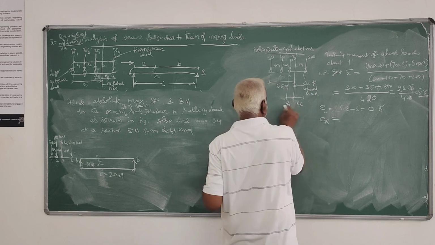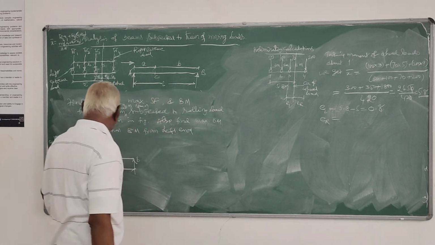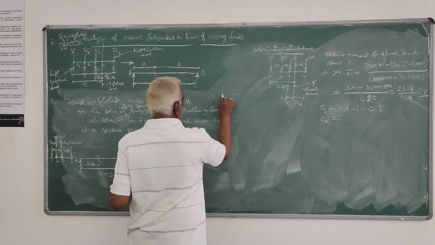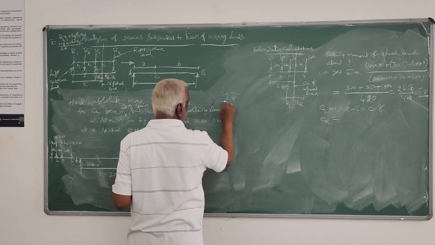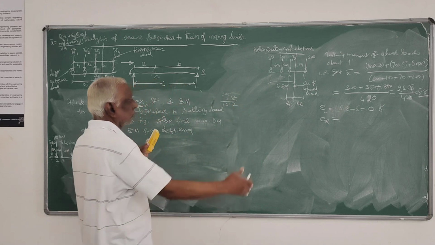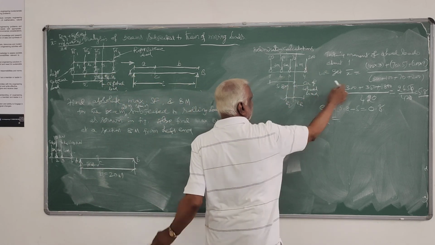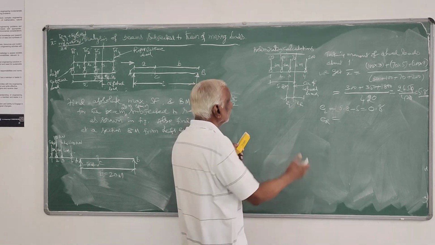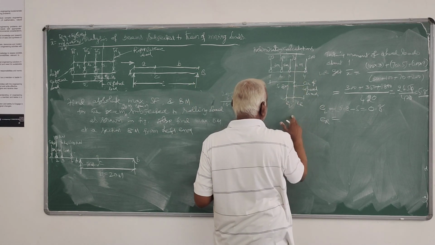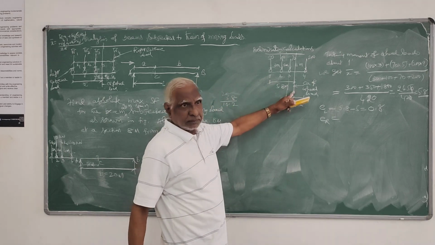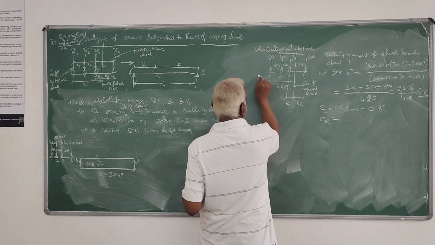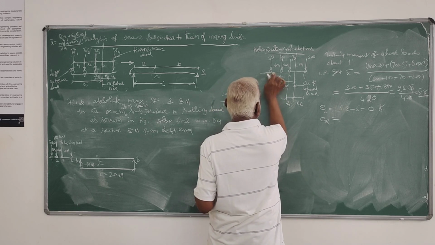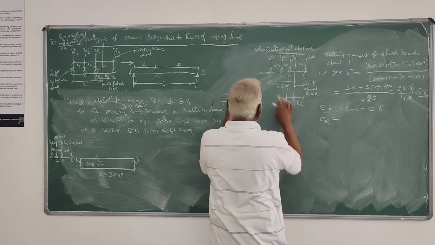Of course, if you take the entire beam, it is 20 meters, 20 minus 5.8, that is 14.2. This wheel load is from the right end at a distance 14.2, and the position of CG is from the first load, 5.8.